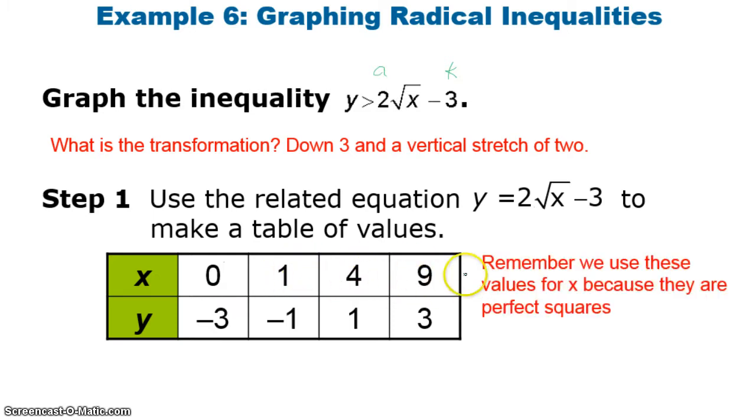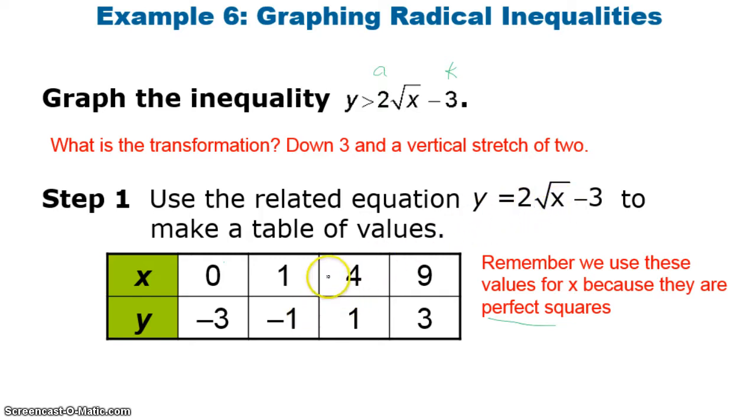Why did I use a 1, 4, and 9? Because they are perfect squares. So if I put, for example, my 1 in here, I know that the square root of 1 is 1. So 1 times the 2 would be 2, and minus 3 gives me back that negative 1.